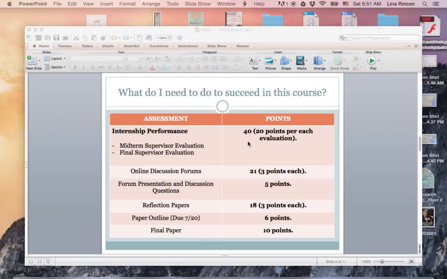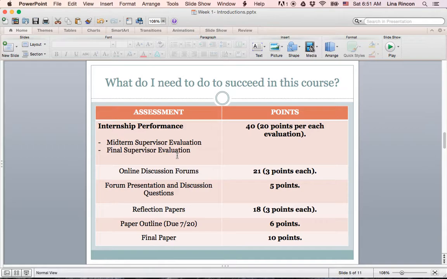Now I'm going to go back to our little table here, and I would like to talk about the next two aspects that are going to be evaluated in this class. The first one is the online discussion forums. There are going to be 7 different online discussion forums throughout the summer, and these consist of two possible things.